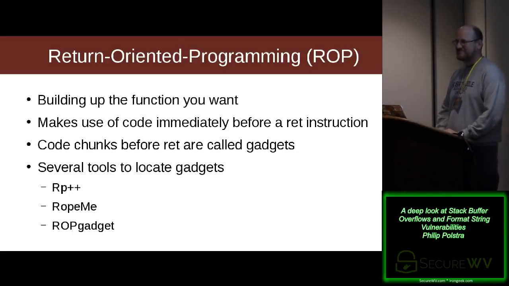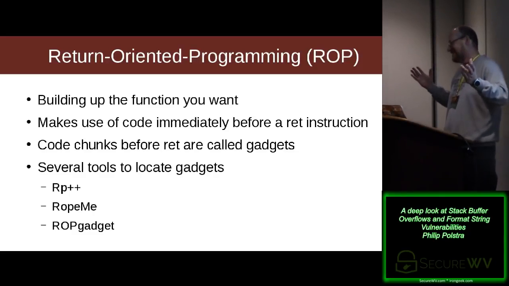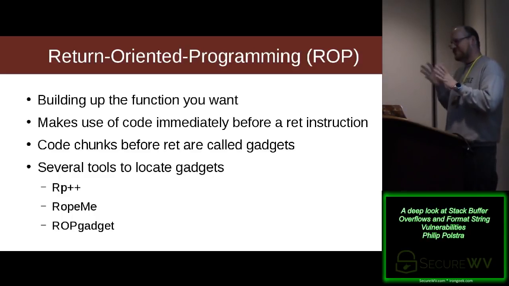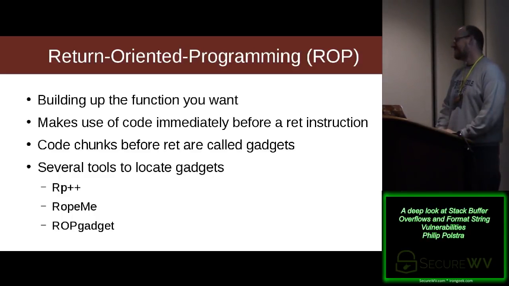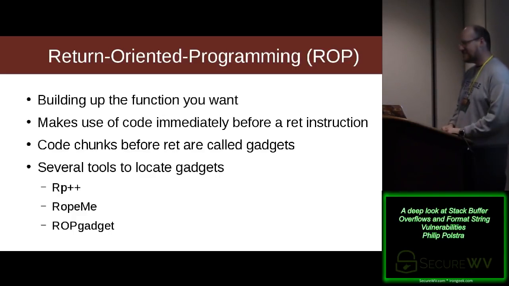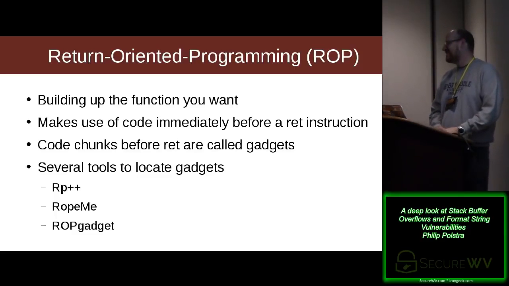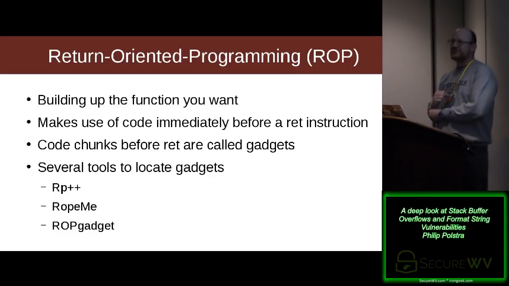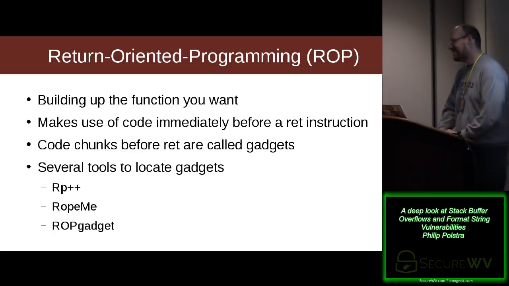And you can say, this is how many bytes back from the return I want to go. And you say, oh, I wanted to load the value 4 into EAX. Or I wanted to add 4 to EAX. Or I wanted to jump to ESP or EDX or whatever. I want to build the function that I want.